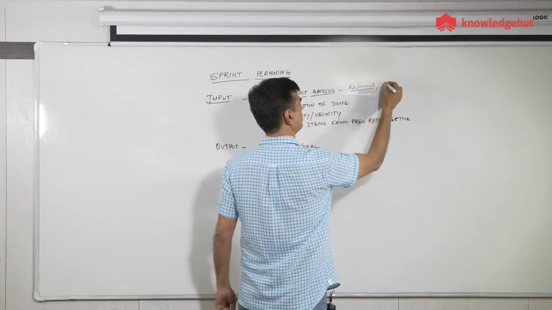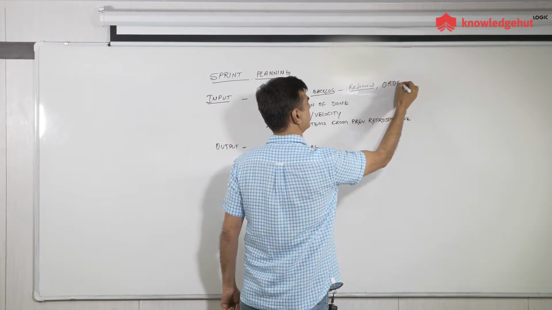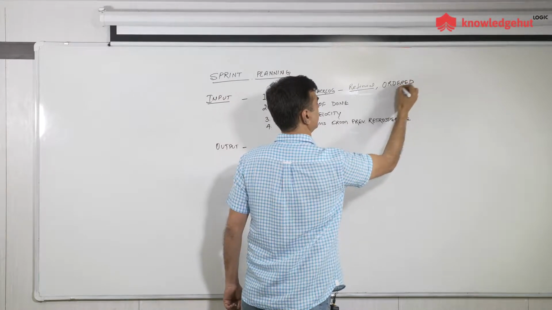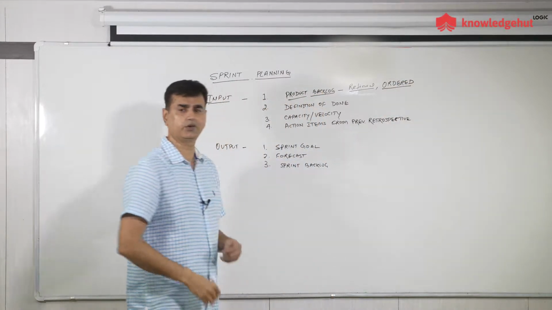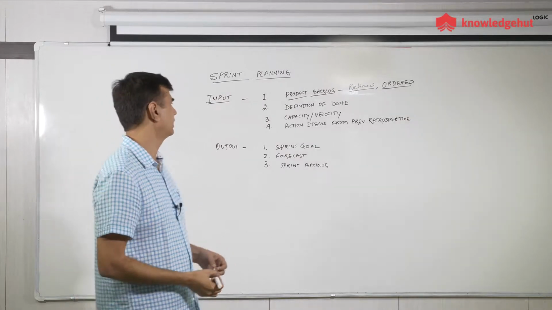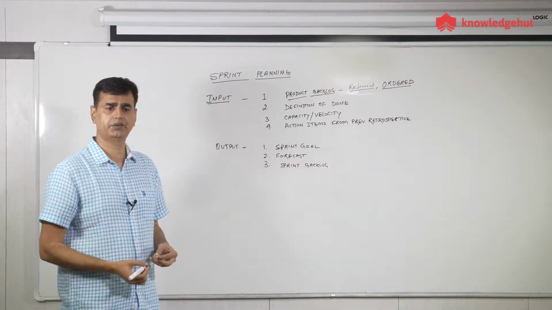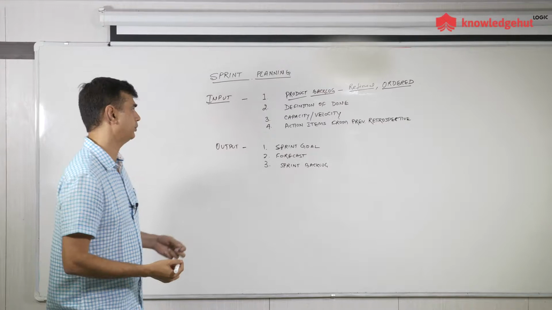What else? We need an ordered product backlog, because if I don't know the order, the team may get confused about which one to pick and why.